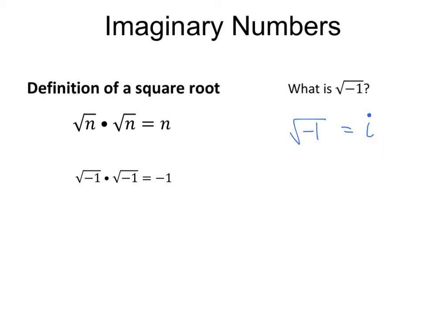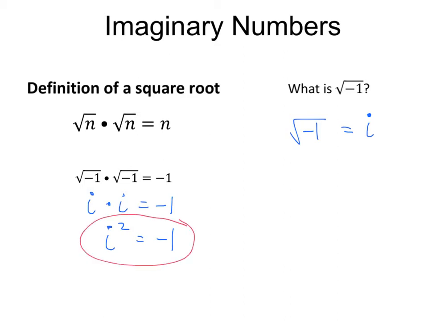This is what all of the imaginary numbers that we're going to talk about is based on. Something else that's interesting here: if the square root of negative 1 is defined to be i, that would mean that i times i is negative 1, which also means i squared would be negative 1.